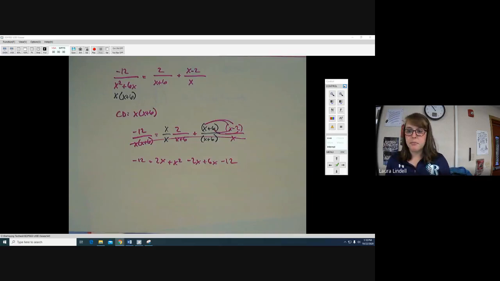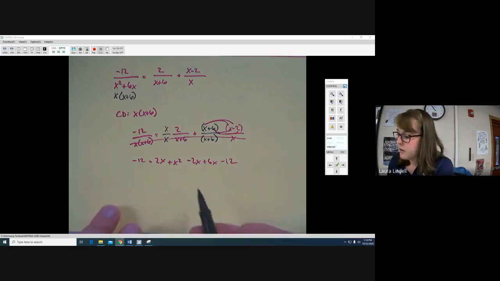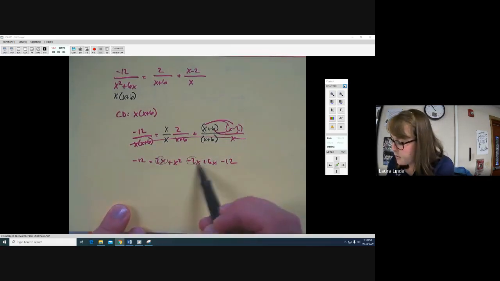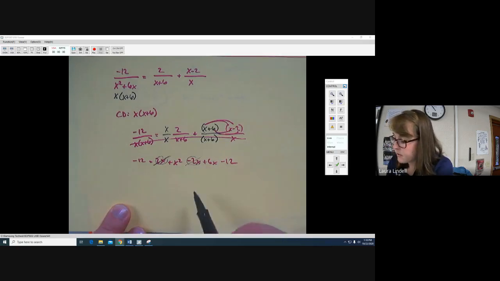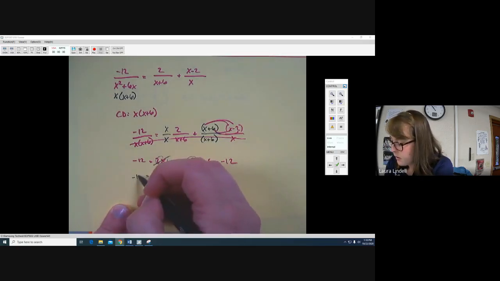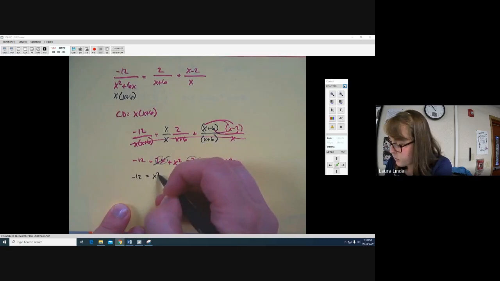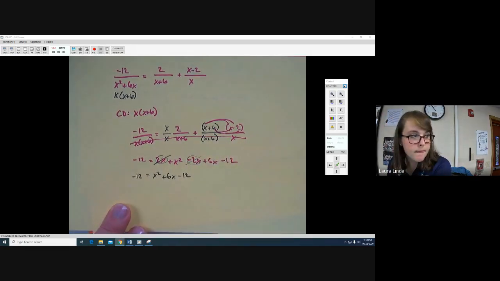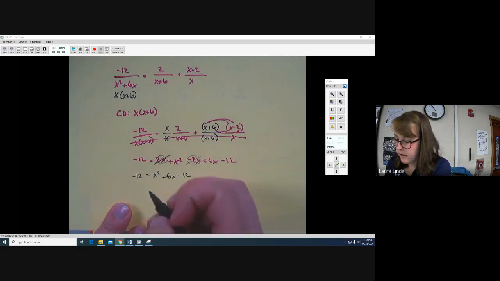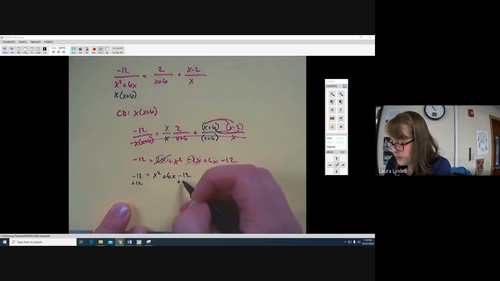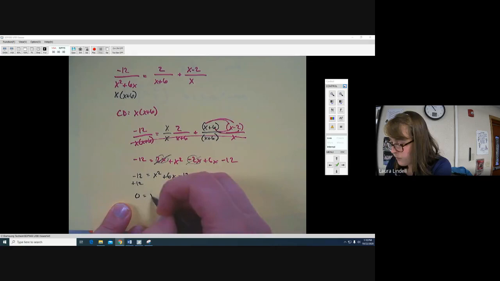And then we got to do some combining of like terms. So we have a 2x and a negative 2x. Those actually cancel each other out. So we have x squared plus 6x minus 12 over here. And then we add 12 to both sides to get it equal to 0.